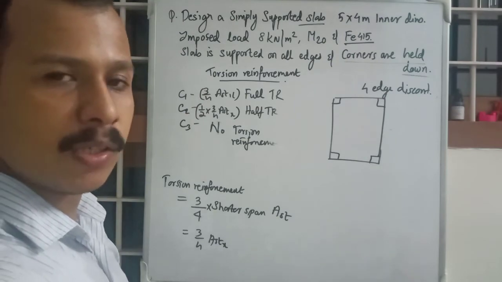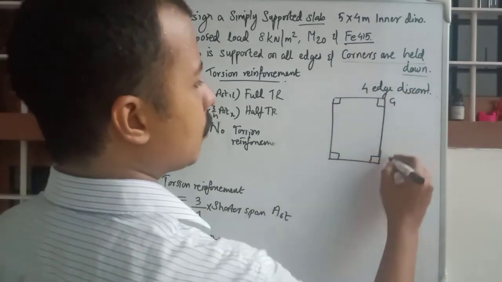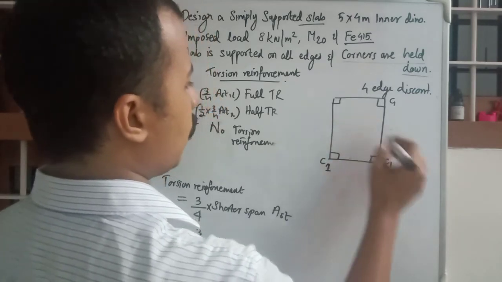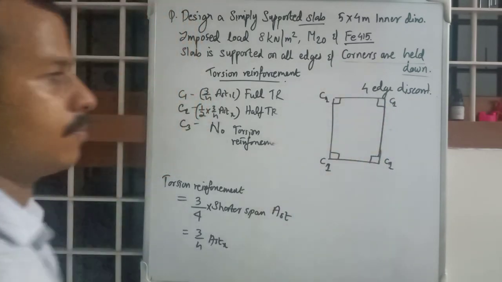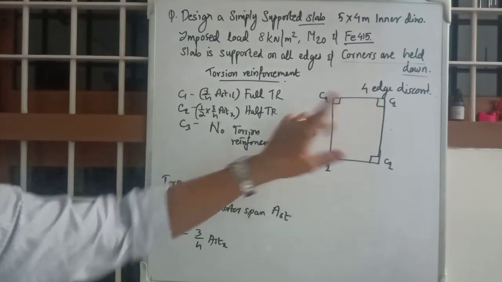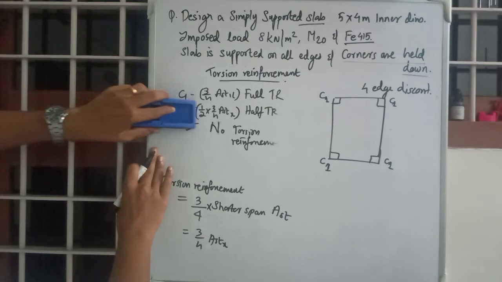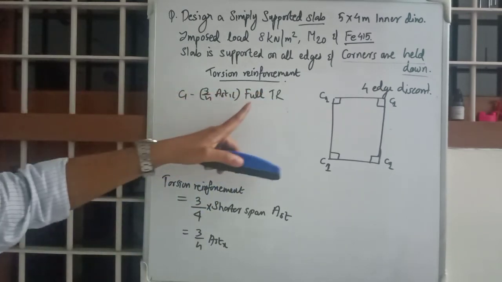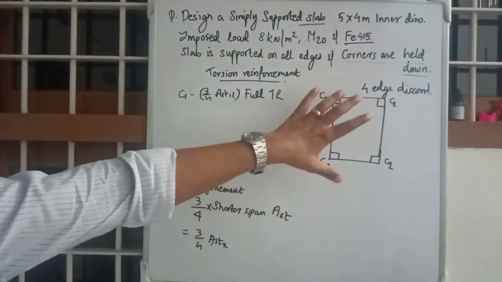Will it be C1, C2 or C3? It all will be C1, because there is no supporting slab, no continuous slabs. In any case, C1 will be the reinforcement. So in this question we don't need these portions, we just need to give full torsion reinforcement for each corner.